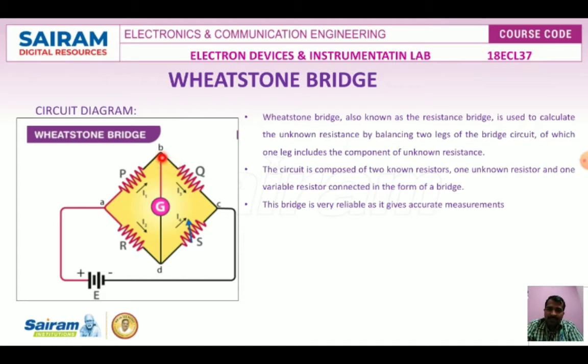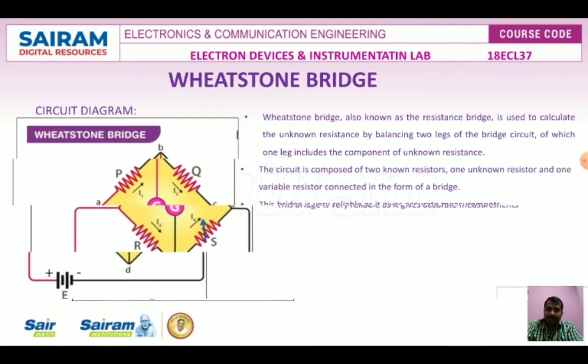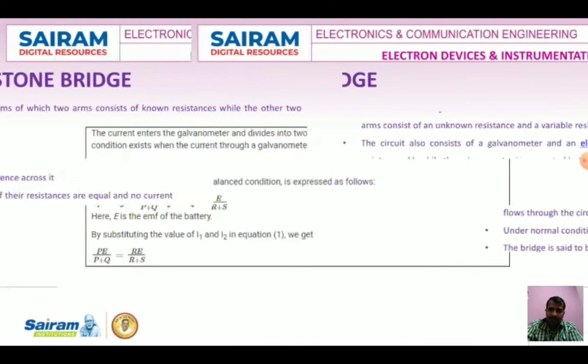Again the current splits, so the current flowing through Q is I3, and the current flowing through S is I4. So it meets at the junction C. You will see the equation.